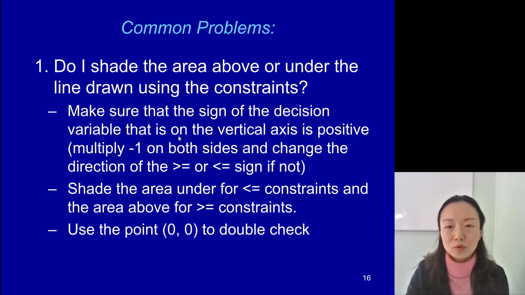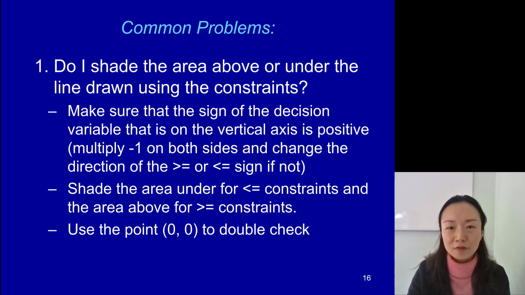For example, in that graphical method we just went through, we put x2 on the vertical axis. For less than or equal to constraints, we shaded the area under, and for greater than or equal to constraints, we shaded the area above. That's because all the x2 in our constraints have positive coefficients.